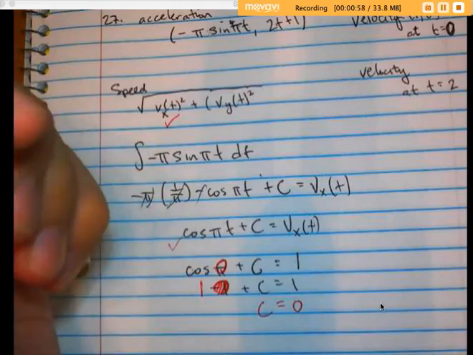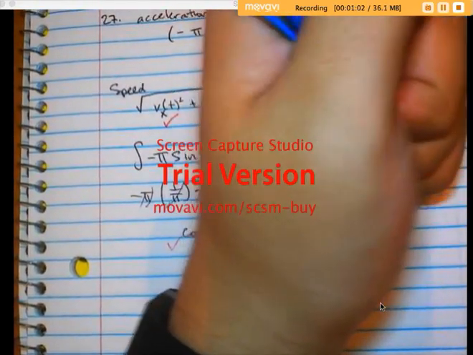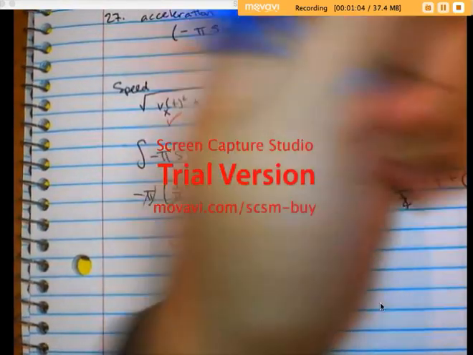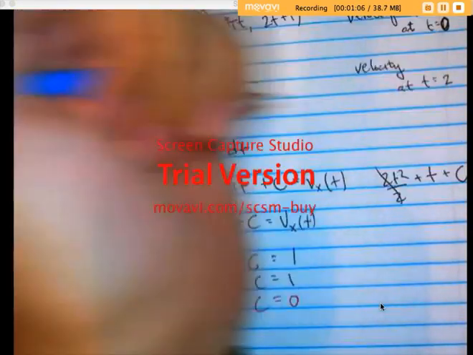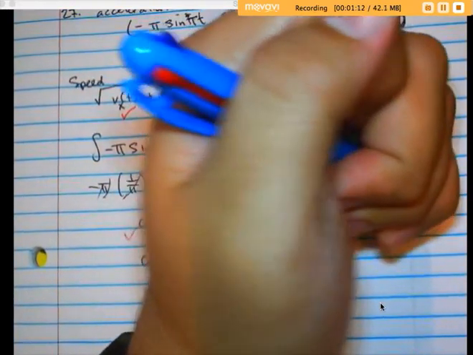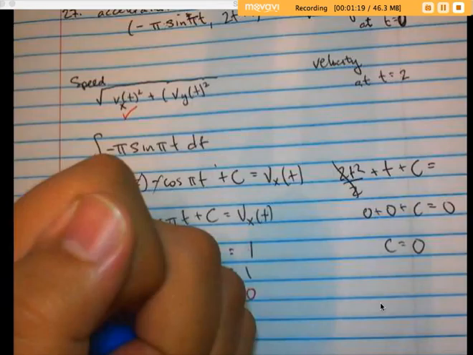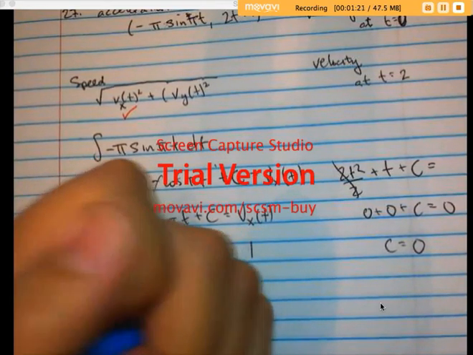That's going to be 2t squared over 2 plus t plus c, and I know that when t equals 0, this expression 0 plus 0 plus c should equal 0. That means c equals 0. So that means this second part is t squared plus t.